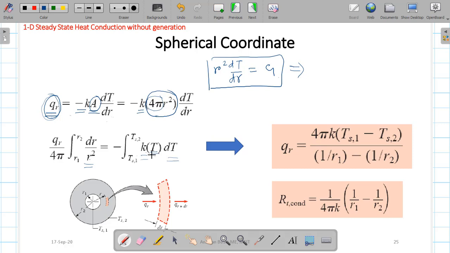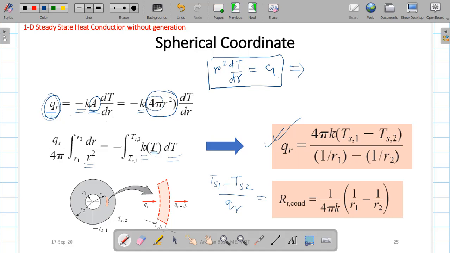Or if you consider K is constant, that means for a homogeneous material, it will simply come out of the integration. So it will be Ts2 minus Ts1 with a negative sign, so the direction will change to Ts1 minus Ts2. If you do this integration, you will get this result, so Q_r is equal to this quantity. The next step is the thermal resistance, which is nothing but Ts1 minus Ts2 divided by Q_r.